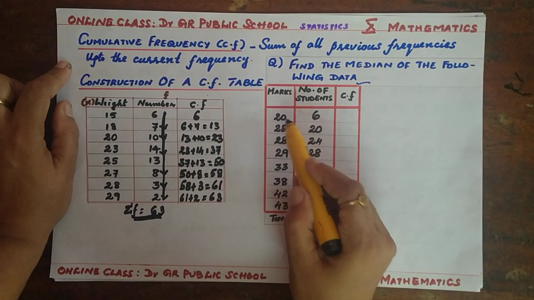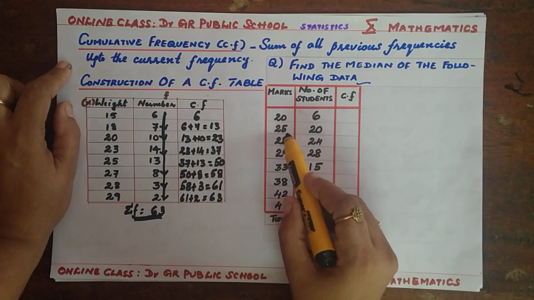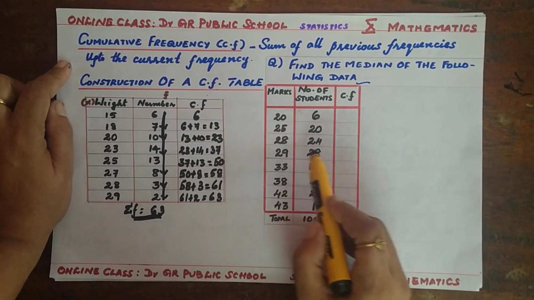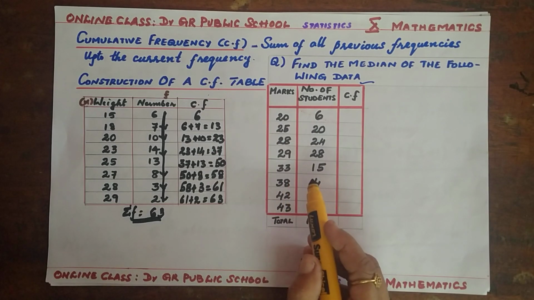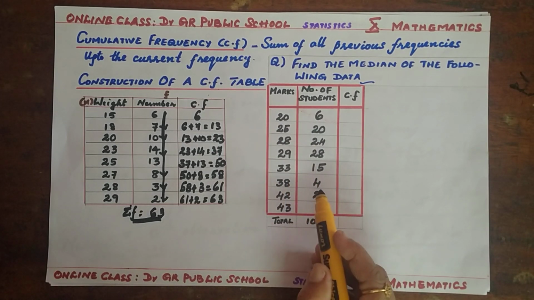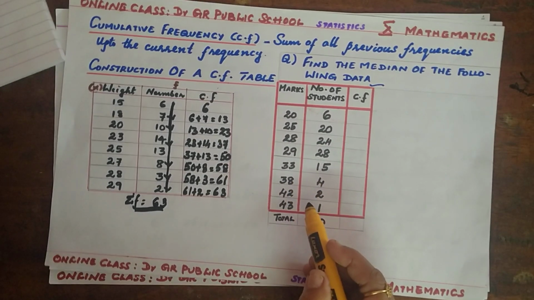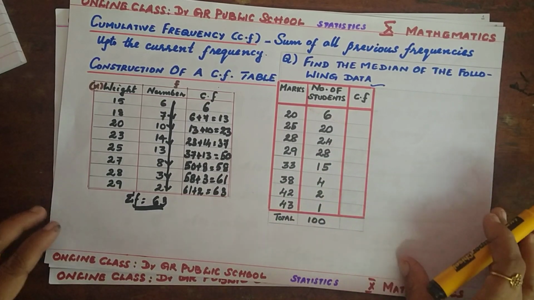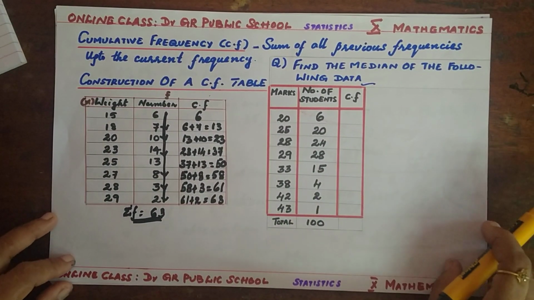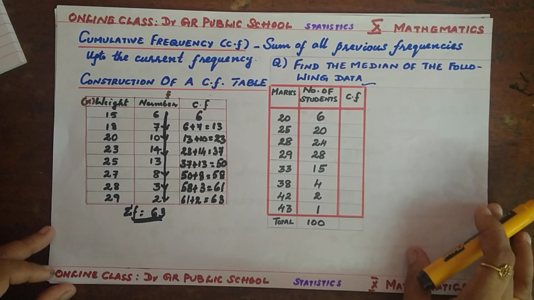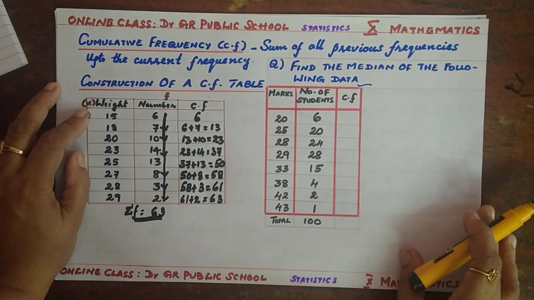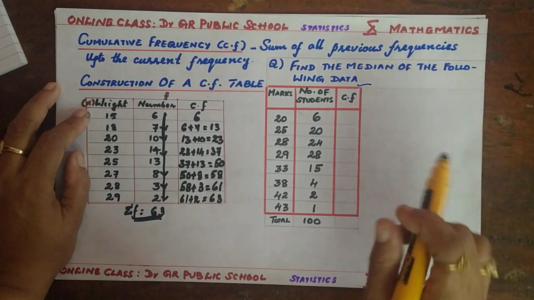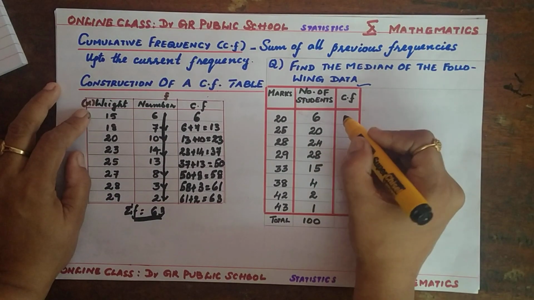Marks 20, number of students 6; 25, 20 students; 28, 24; 29, 28; 33, 15; 38, 4; 42, 2; and 43, 1. Now, at first to find the median, I told you that we need to form the CF, that is the cumulative frequency. You know how to form the cumulative frequency. I am going to write the cumulative frequency at first.